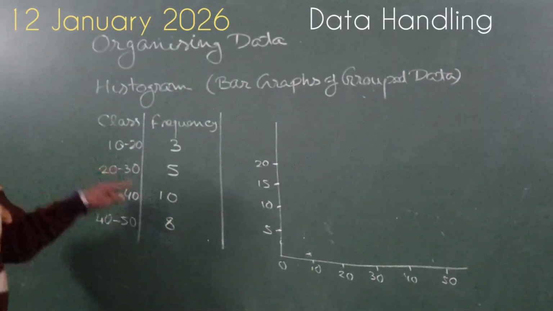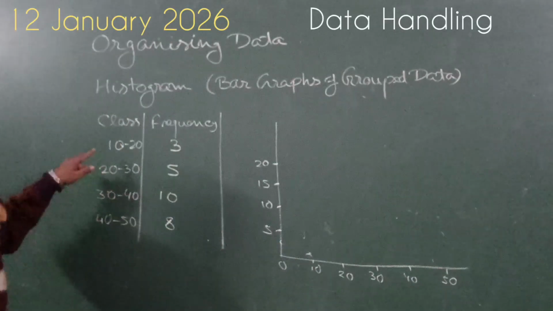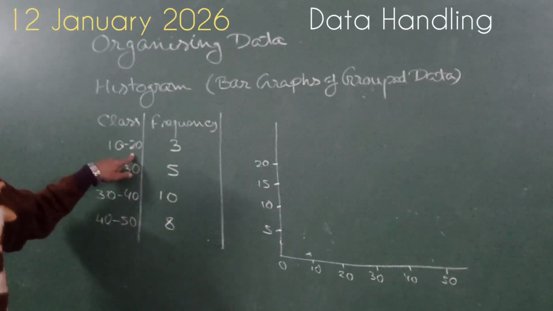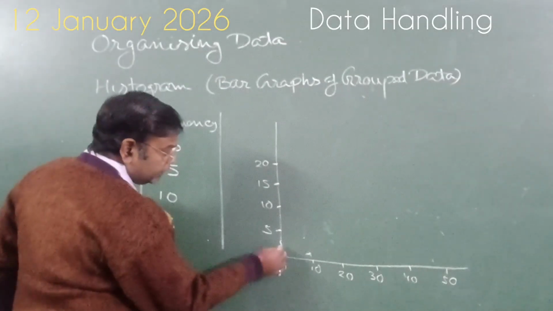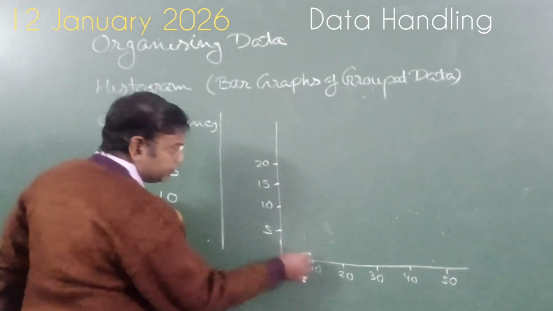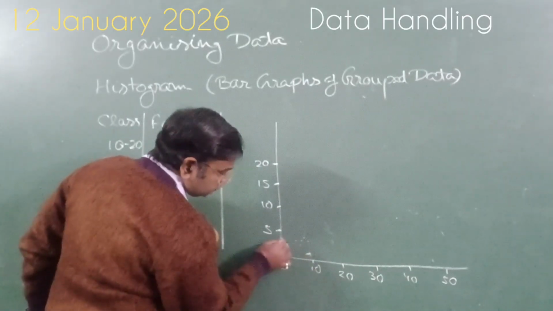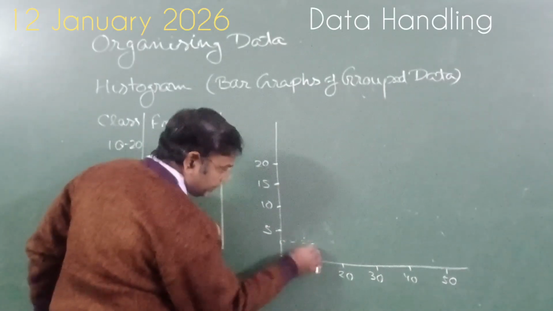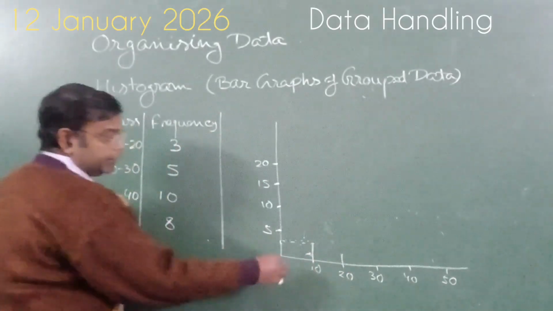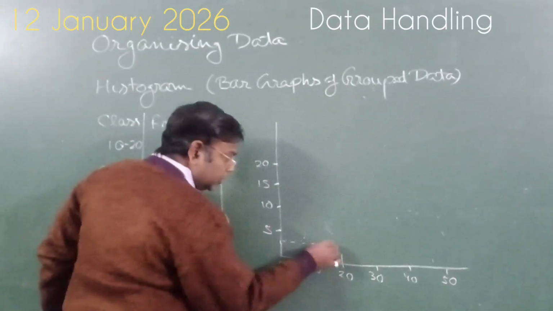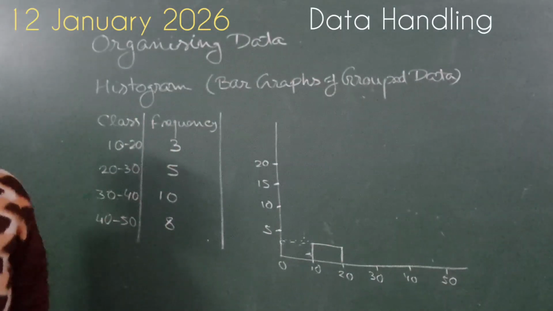Now for 0 to 10, there is nothing, so we leave it at 0 to 10. Then for 10 to 20, there are 3 frequencies. So 3 means, if we divide, it is half or more than half, so we start using the scale. Because it is the range of 10 to 20, we draw the bar from 10 to 20.